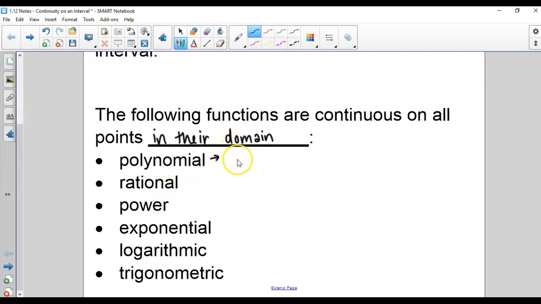Polynomials are things like quadratics, x squared plus 2x minus 1, or something like x to the 5th minus 2x squared. A cubic, a quadratic, a quartic, anything just raised to a power, those are our polynomials.